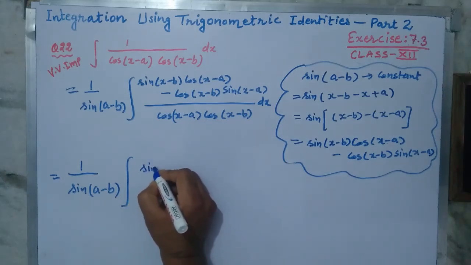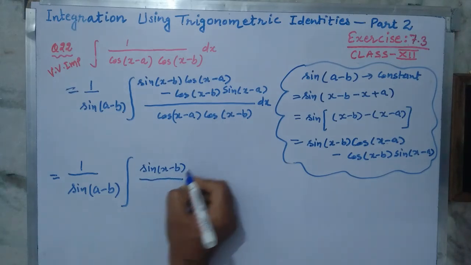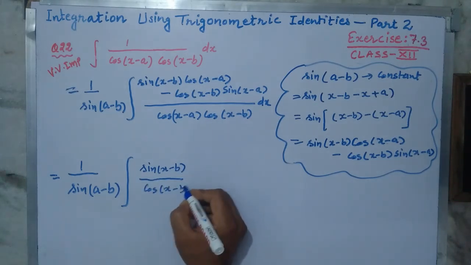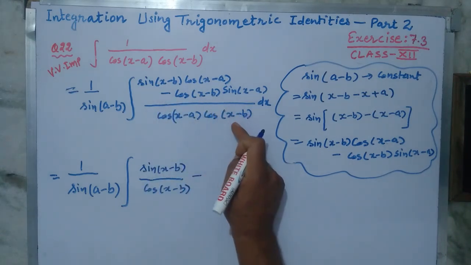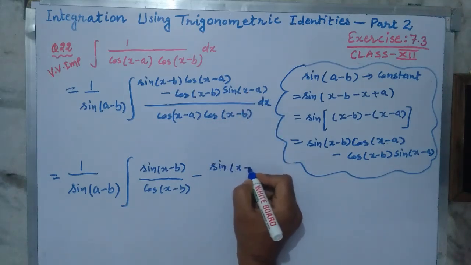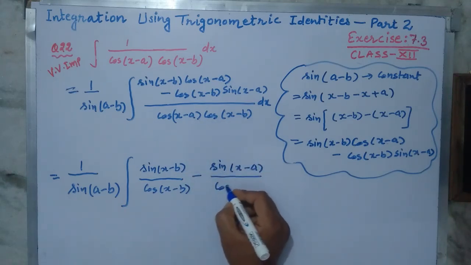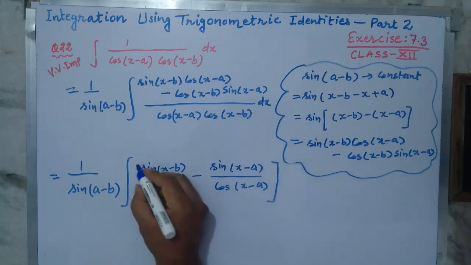We are left with sin(x minus b) divide cos(x minus b). Minus sign is next. Cos(x minus b) cancelled. We are left with sin(x minus a) divide cos(x minus a) into dx.